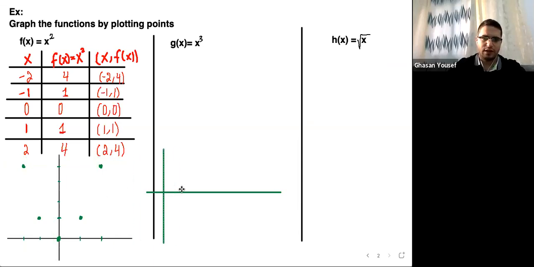Now we have to graph a smooth curve between these points. So the curve should be something like this.